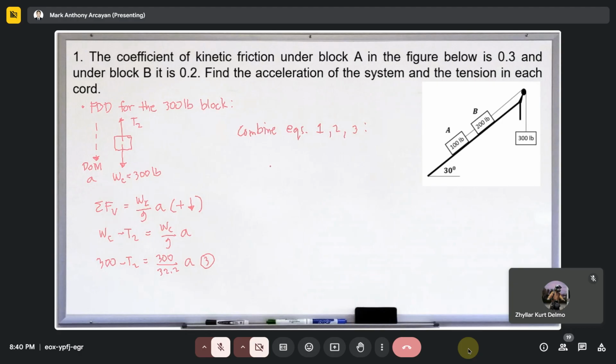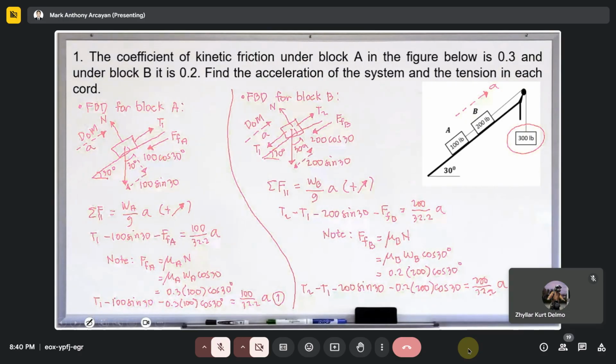Class, we're going to rearrange each equation such that it starts with the acceleration, followed by T1, then T2, and equals the constant. For equation 1, we will transpose the acceleration to the left side, and for the constant, we will combine and transpose to the right side.